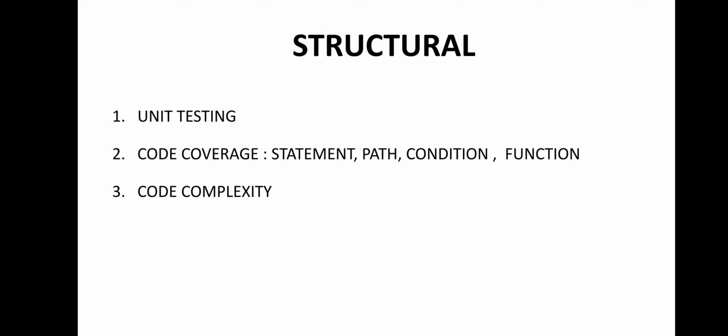Similarly, we have one more kind of coverage technique, that is condition coverage. Let us take the same example, where you have a flow chart with some points marked like A, B, C, D, E. Even if we covered all the logical paths, it would not mean that the program is fully tested.